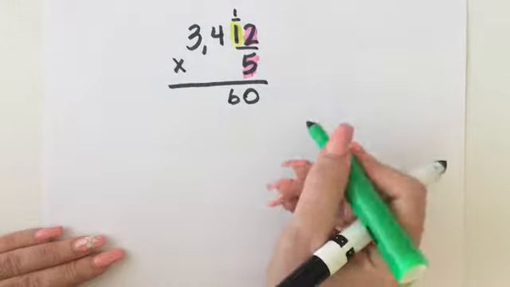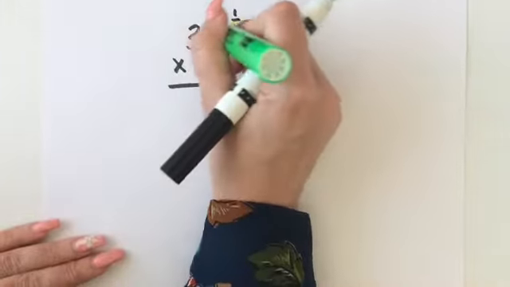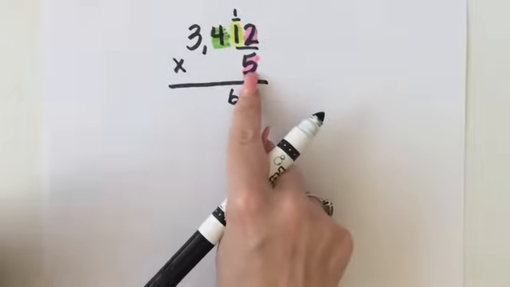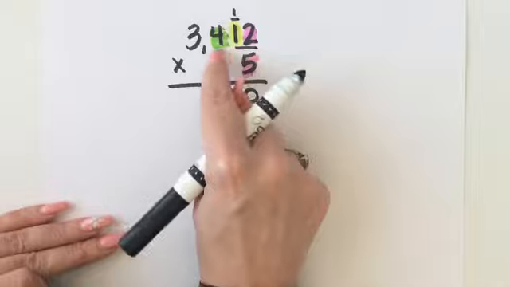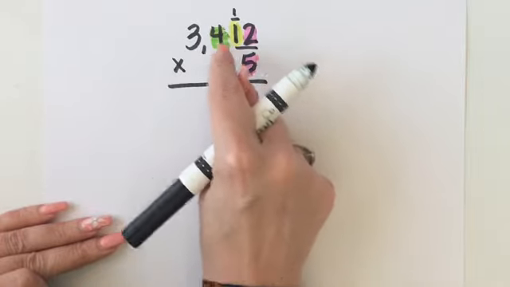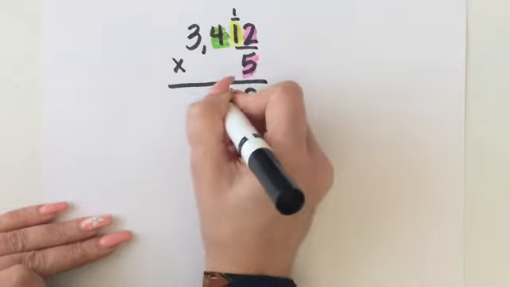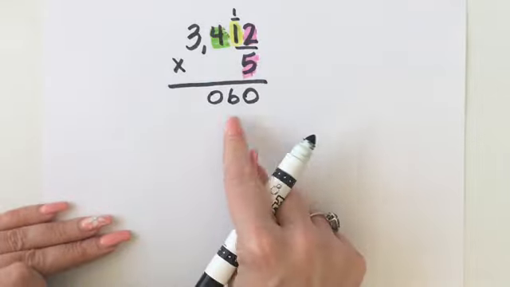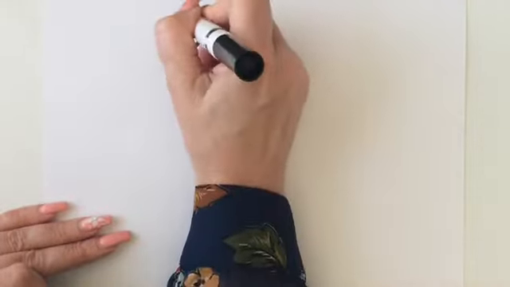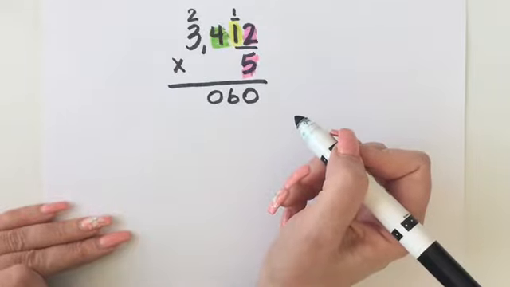This time we're going to multiply 5 times 4, or 5 times 400, because it is in the hundreds place. 5 times 4 is 20. Now, that means I'm going to put a 0 in my hundreds place, and I'm going to regroup that 2 to the thousands place.